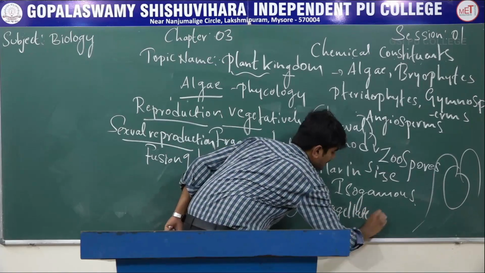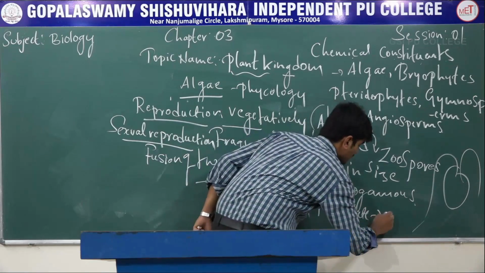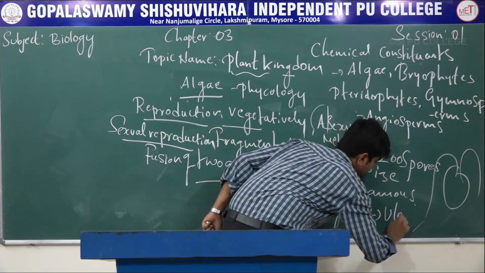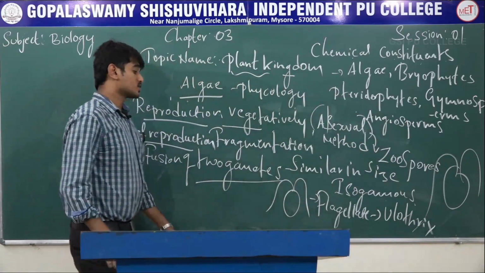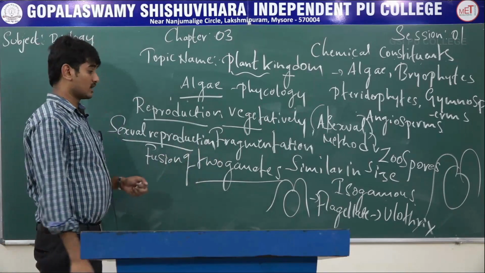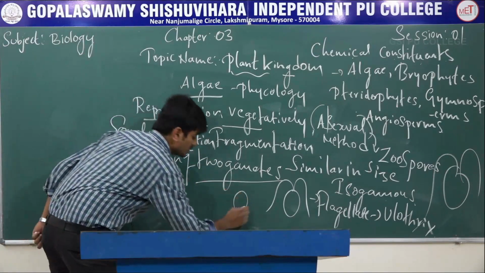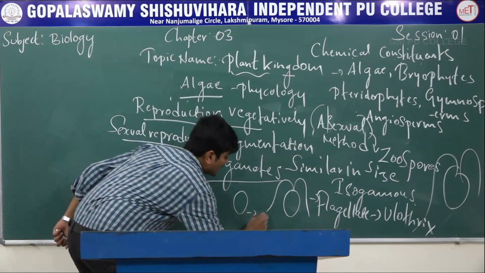Example for flagellated gametes you can observe in Ulothrix. This alga produces isogamous flagellated gametes. Non-flagellated gametes you can observe in Spirogyra.